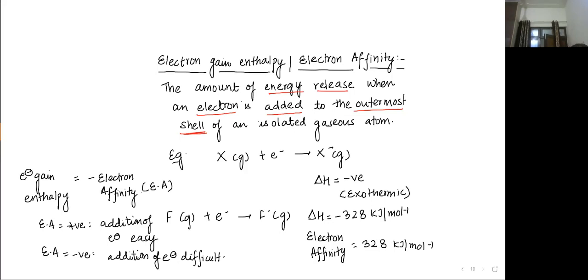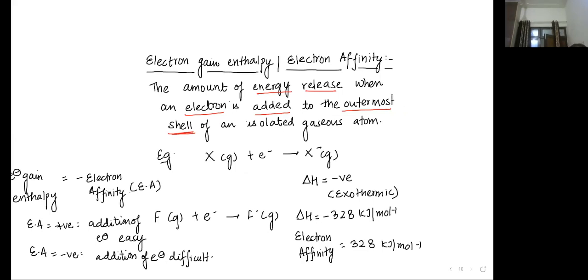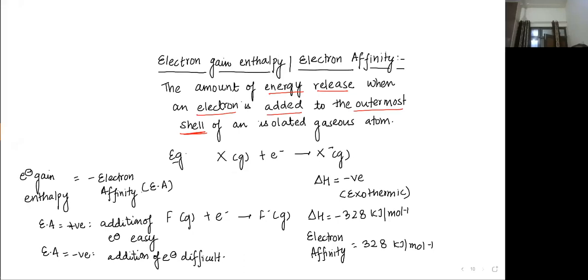Is this done? Can I move to next slide? Yes, unit will be kilojoule per mole, kilocalorie per mole, or electron volt. It's an energy. So unit can be kilojoule per mole, kilocalorie per mole, or electron volt. I have written kilo. Okay. Mole will come.